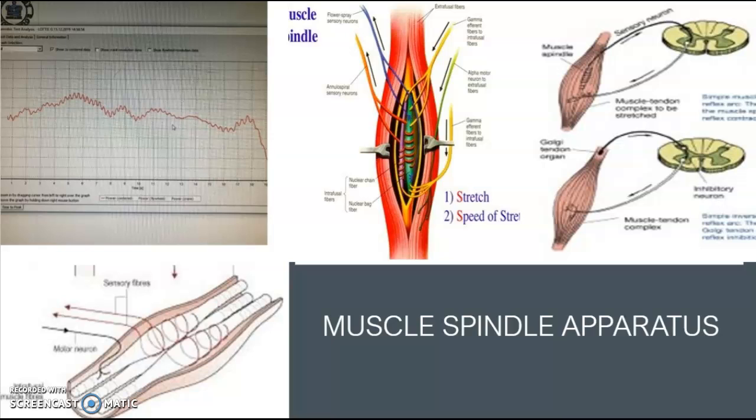The stretch arc is another factor within the muscle spindle apparatus region, a synaptic reflex which produces an automatic regulation of skeletal muscle length, whereby the signal entering the spinal cord arises from a change in muscle length or velocity.